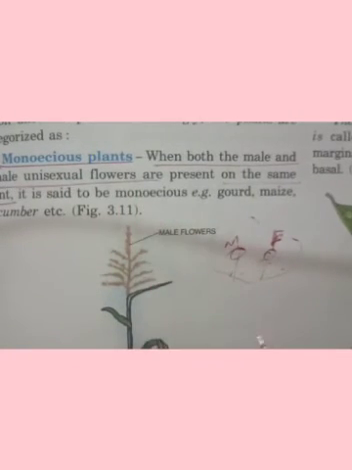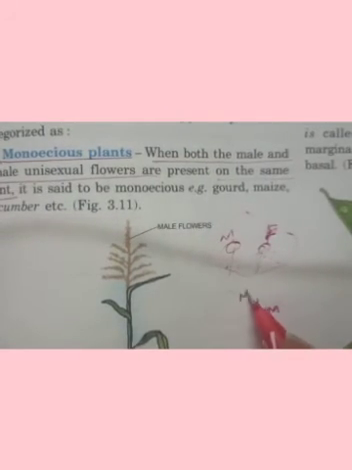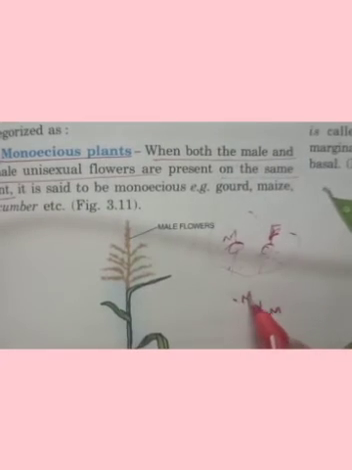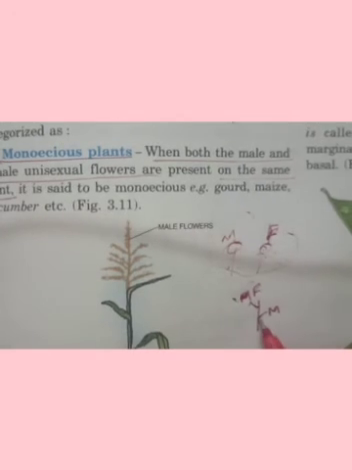Monoecious means there is one plant containing male flowers and female flowers also, bearing unisexual flowers.